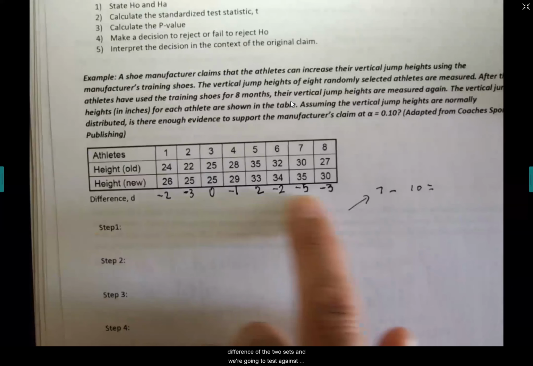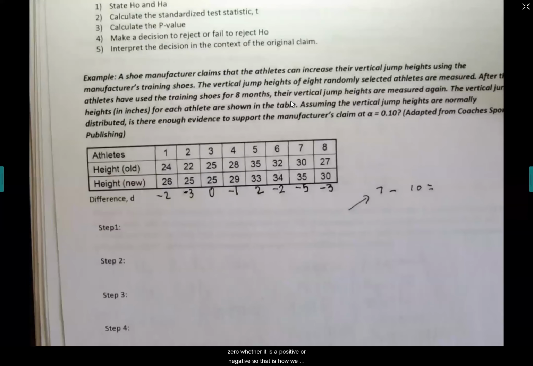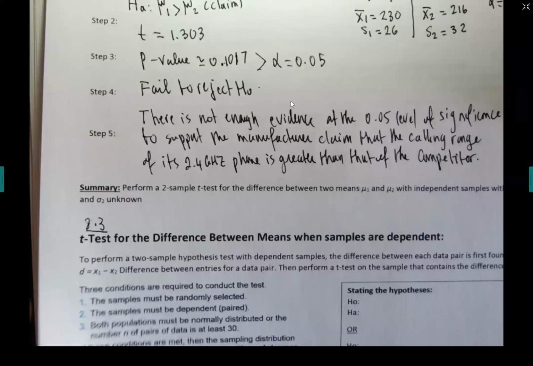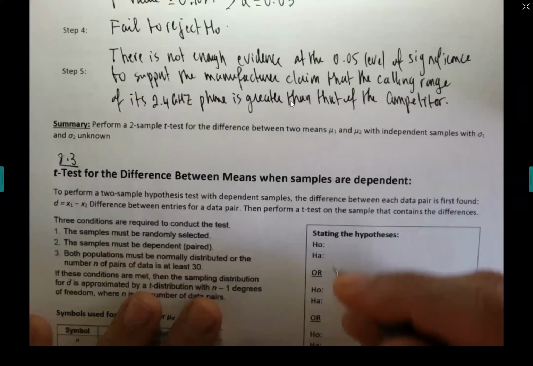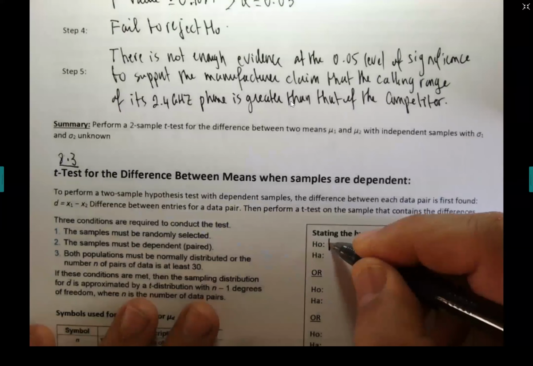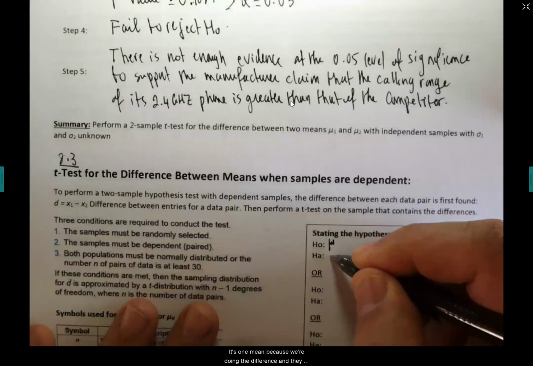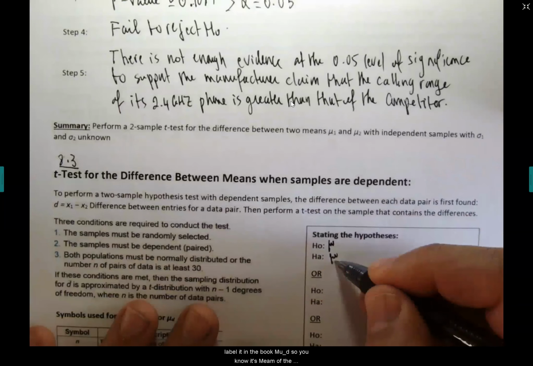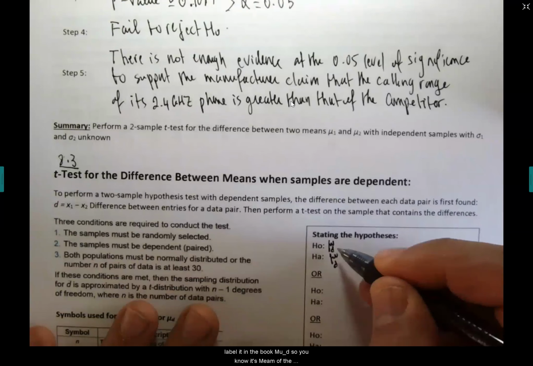So we do the difference of the two sets, and we're going to test against zero, whether it is positive or negative. So here's how you state the null and the alternative hypothesis. Watch, guys. It's one mean because we're doing the difference, and they label it in the book as mu D, so it's the mean of the difference.